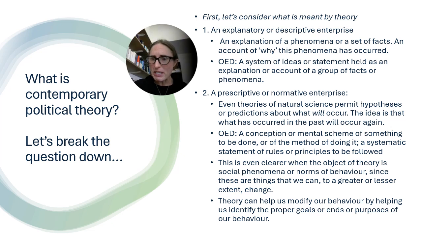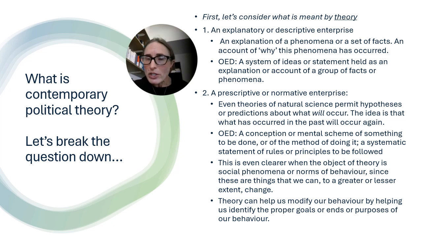So there's a prescriptive dimension of theory. Theory says that the rules of natural science and the behaviour of objects give us a clue to how those objects are going to behave in the future.